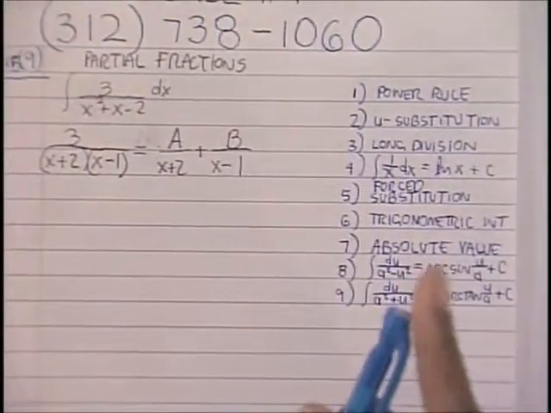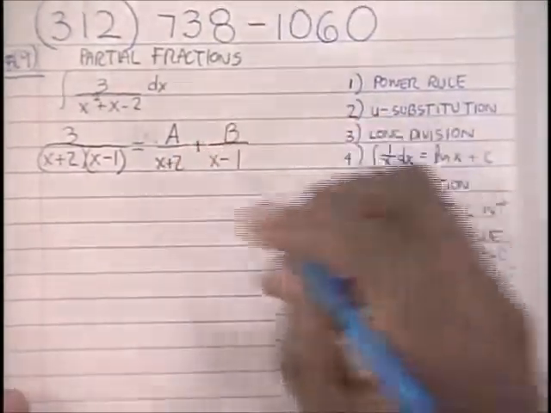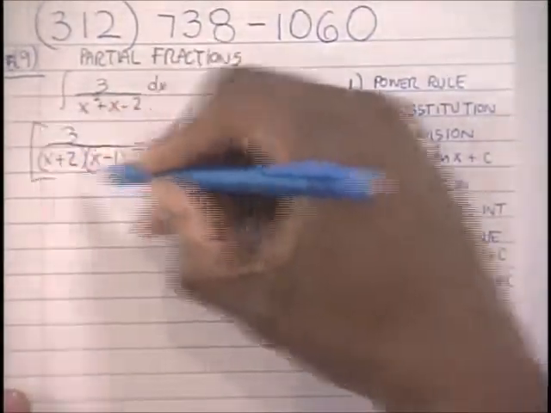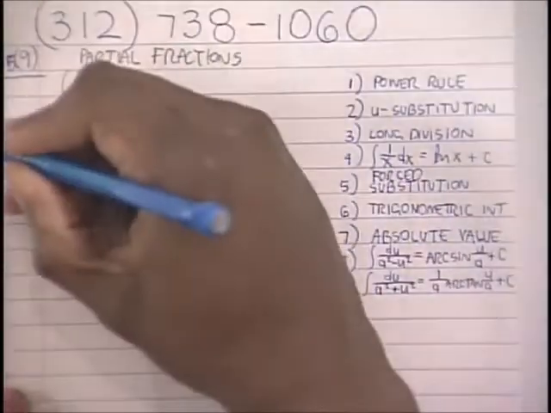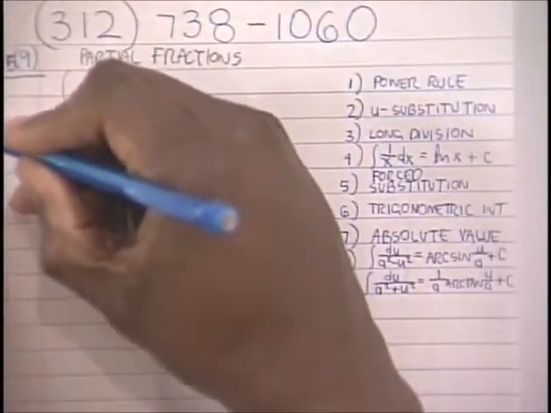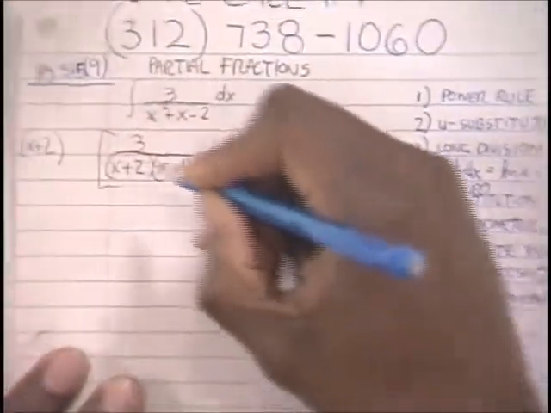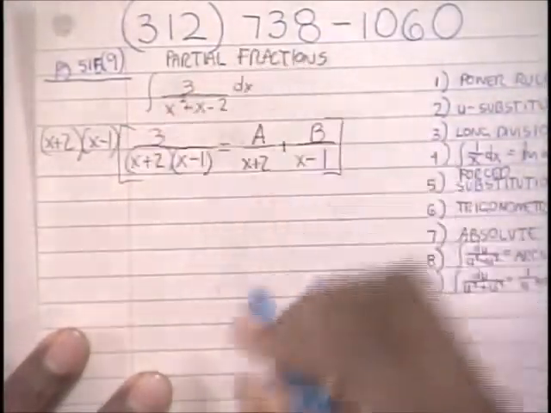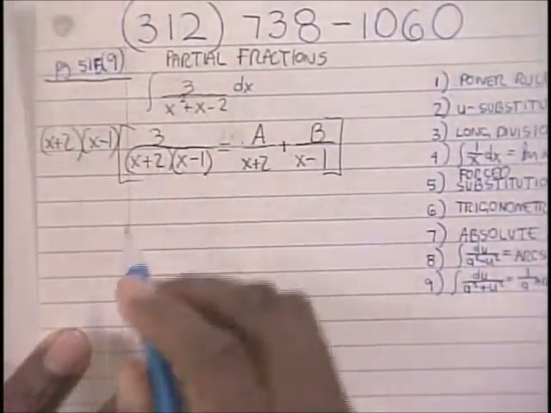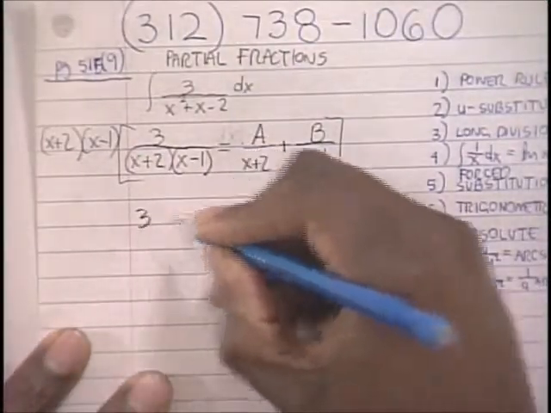All right. So now let's take this equation and multiply it by the least common denominator, which is x plus 2 times x minus 1. We multiply this times x plus 2, x minus 1, we get 3.